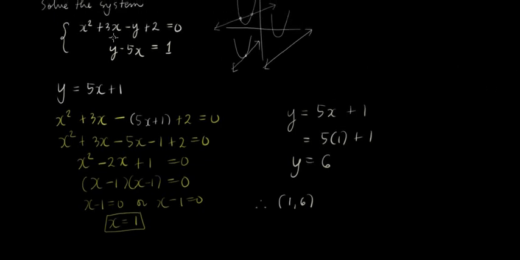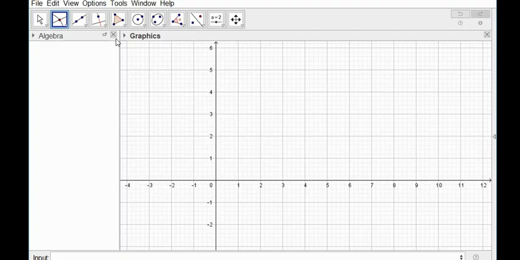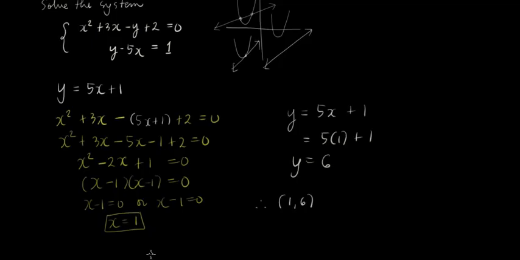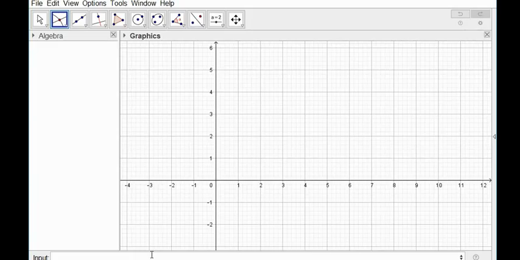Equation is x squared plus 3x minus y plus 2. So, we have x squared minus 3x ba? X squared plus 3x minus y. X squared plus 3x minus y plus 2.